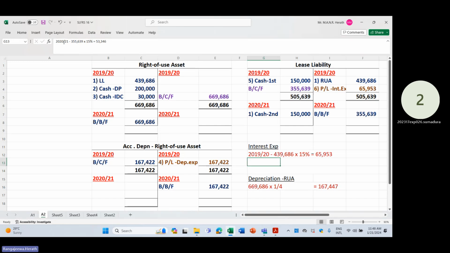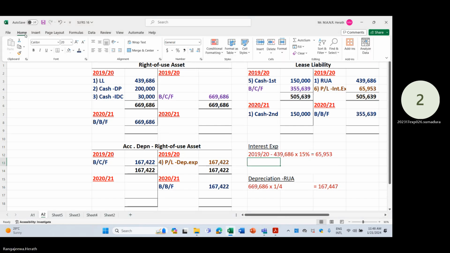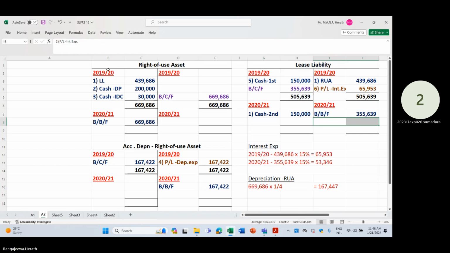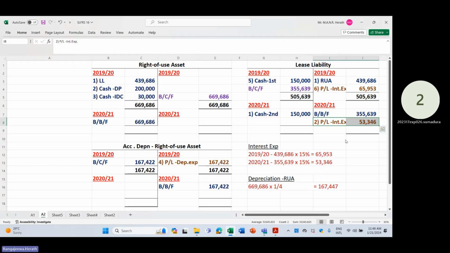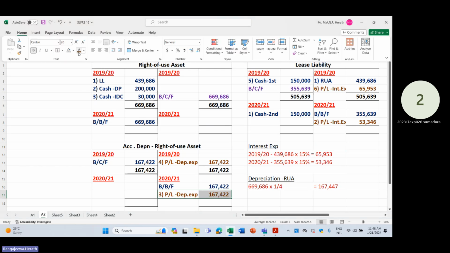Now interest for the second year, $355,000 into 15%, which is 53,346, and the depreciation won't change, that you credit to accumulated depreciation.